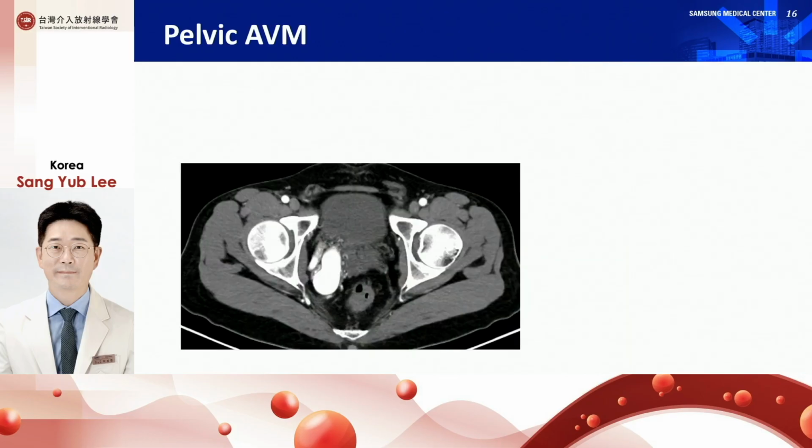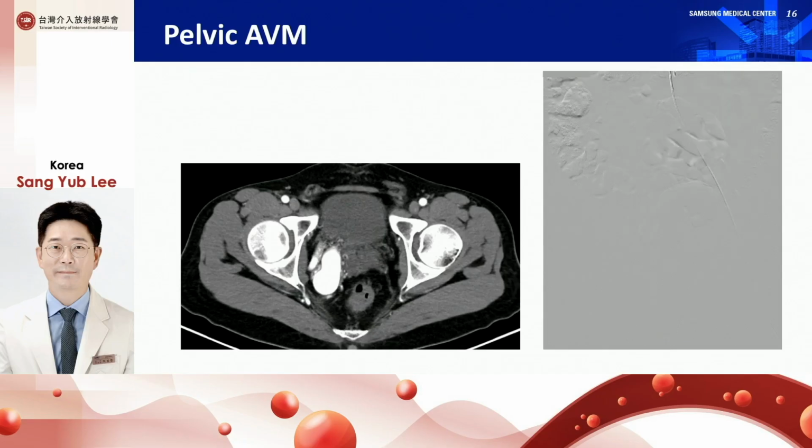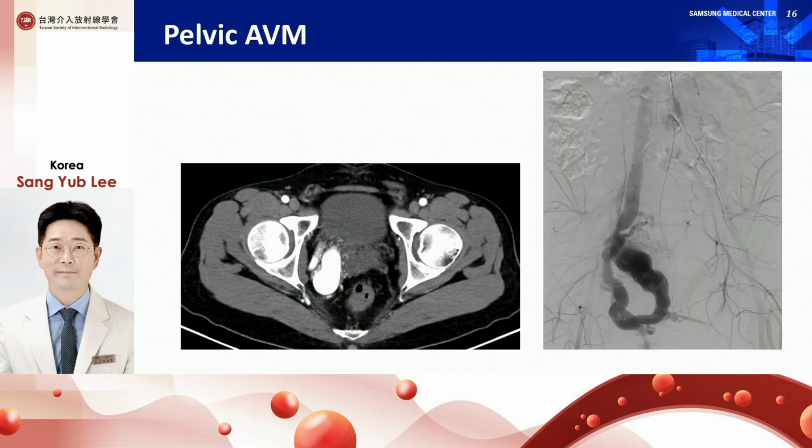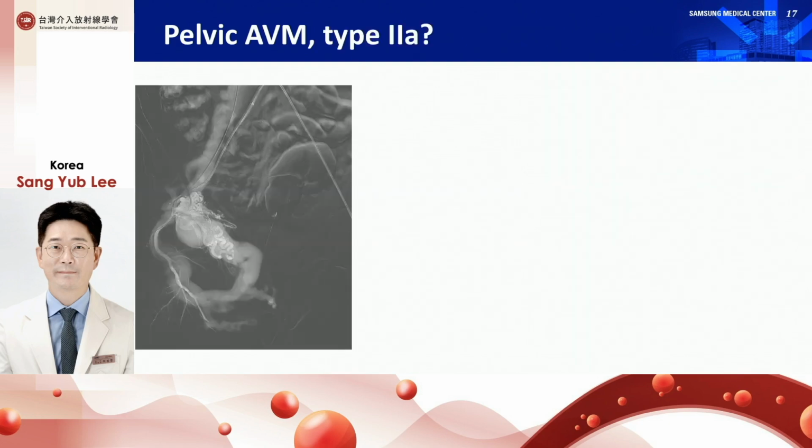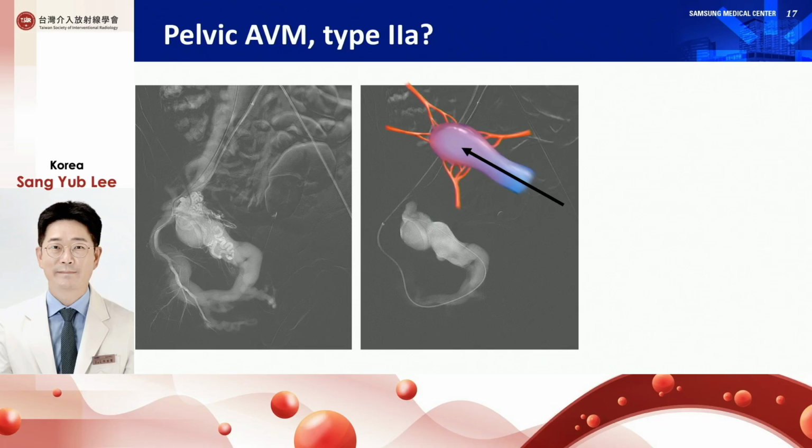How about this AVM? A pelvic AVM, you have a big draining vein. We can think about type 2A AVM. So we wanted to try to embolize this patient with transvenous access from the right internal jugular vein.